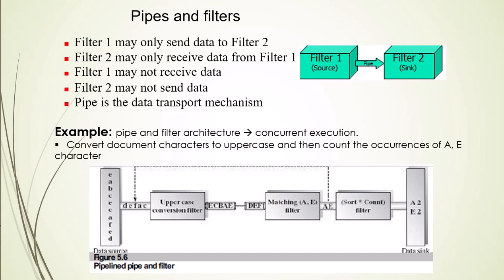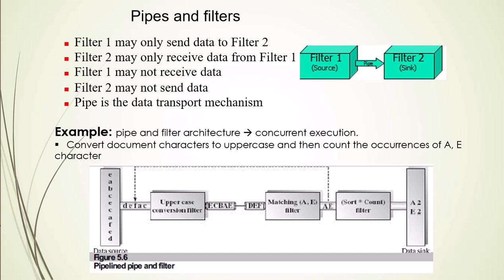Filter 1 may not receive data, and filter 2 may not send data. This means filter 2 will act as a sink. Sink means it absorbs data and does not produce or generate data, but there can be many possibilities for both filters. Pipe is a data transport mechanism.